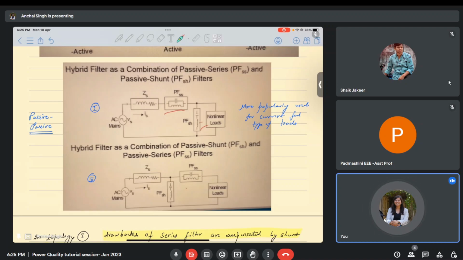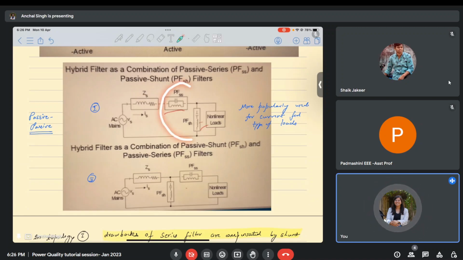And what is the drawback of the series filter? The drawback of the series filter is that it has a drop across it during fundamental frequency operation, and the drawback of the shunt filter is that it may lead to a problem of resonance, and this problem is solved by the series filter by blocking that resonance current. Okay.